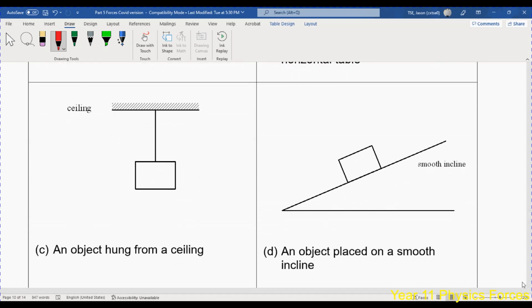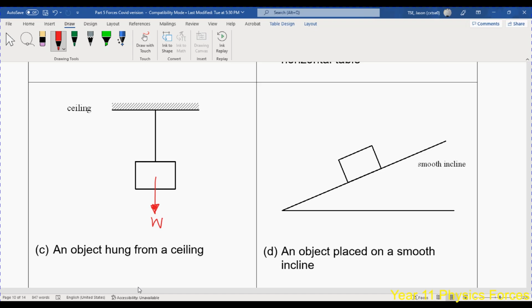Ceiling: an object hung from a ceiling. Weight is always here. Do we have normal reaction this time? No, there's no surface for the block to press against. How about other forces? Friction: any relative motion, any tendency of relative motion?